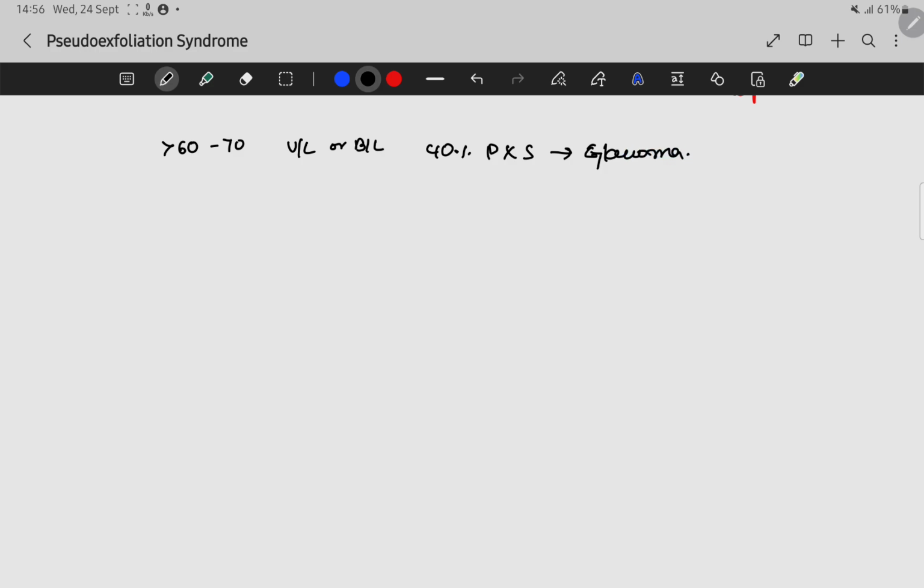So these pseudoexfoliation deposits are not only seen just in the lens as we have seen in the figure, it is also seen in cornea. In cornea we have flakes of material at the endothelium. It can also be seen over the zonules and the ciliary body.